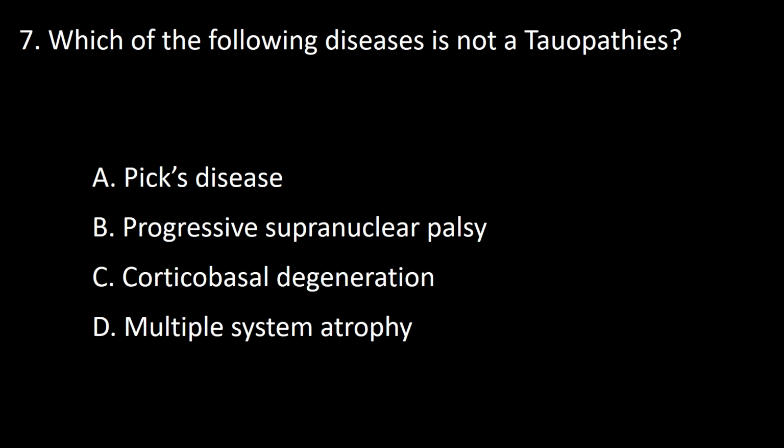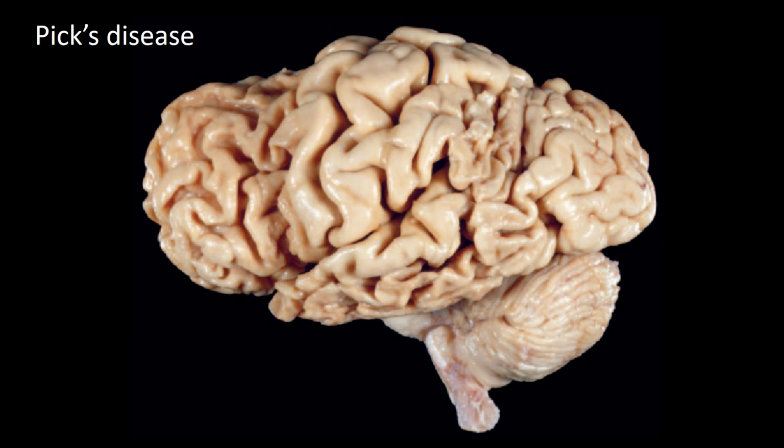Next question. Which of the following diseases is not a tauopathy? A. Pick's disease. B. Progressive supranuclear palsy. C. Corticobasal degeneration. D. Multiple system atrophy. Pick's disease affects the brain disproportionately. The frontal pole and the anterior region of the temporal lobe are severely affected.